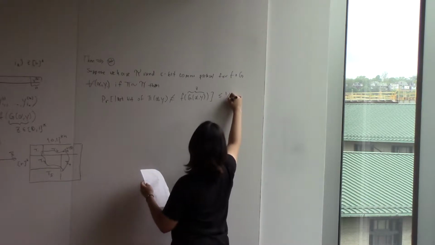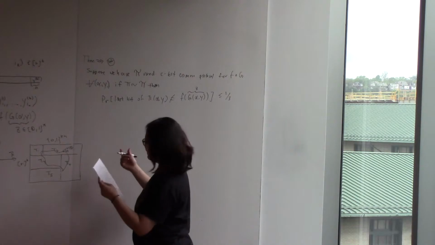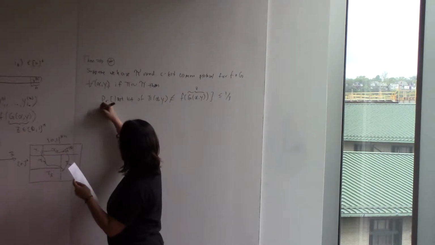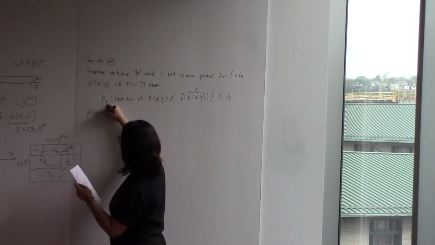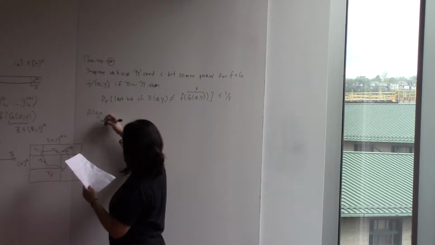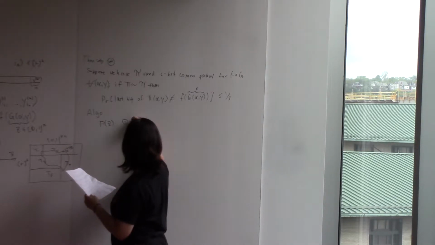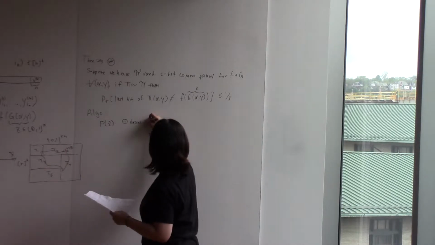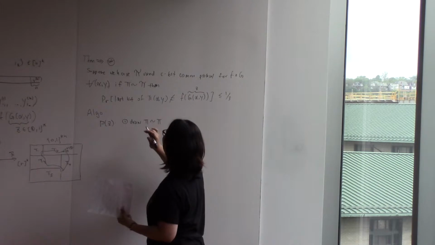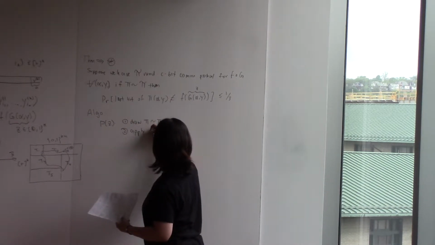Yeah, this is just what we have, and then we're going to run this algorithm. Let's call this. We draw a deterministic communication protocol based on our distribution, then apply the theorem.